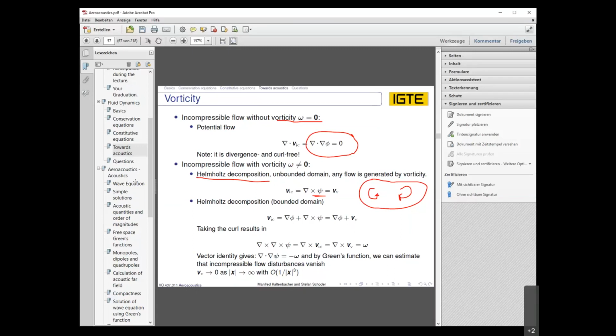But if you have a bounded domain, let's say we just cut out a subdomain, then the whole incompressible flow is described by a vortical part plus a potential part. The potential part is due to the boundary conditions.